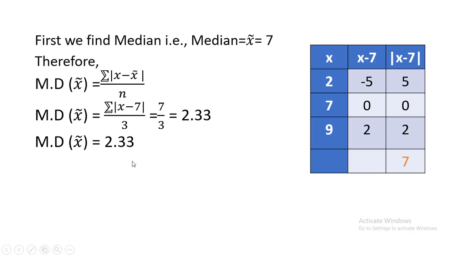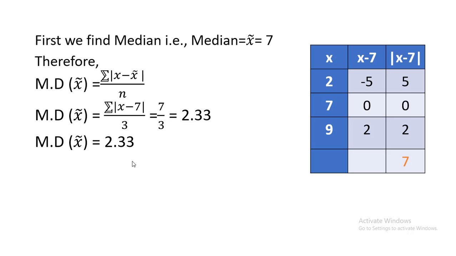For the mean deviation about mean and median, for both parameters of case 1, the first thing we need to find out is the mean value or median value. It depends on the question that has been asked. If it is asked for mean, we need to calculate mean first.